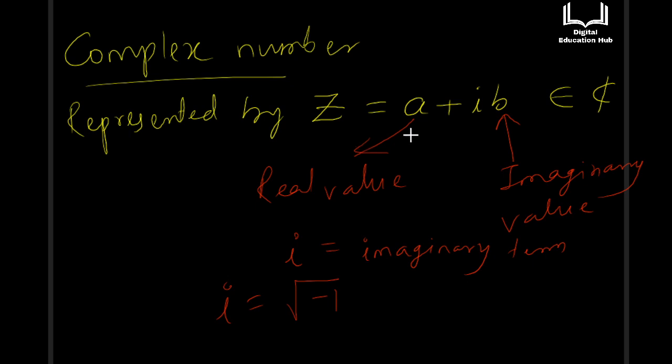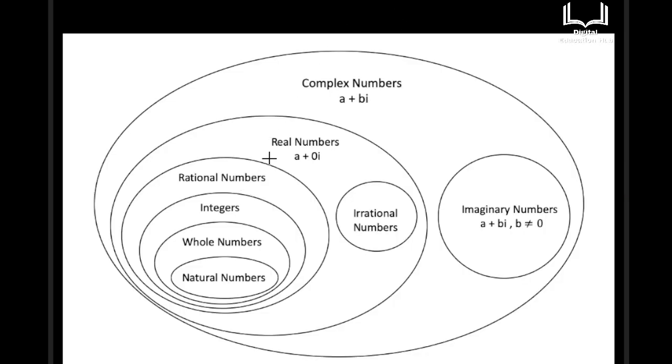So let's first of all understand how we came across the complex numbers, and we will try to understand the idea behind that. Here, in this representation, you have studied natural numbers starting from 1 to n, and whole numbers. Then the integers cover the whole numbers also, from -infinity to infinity.